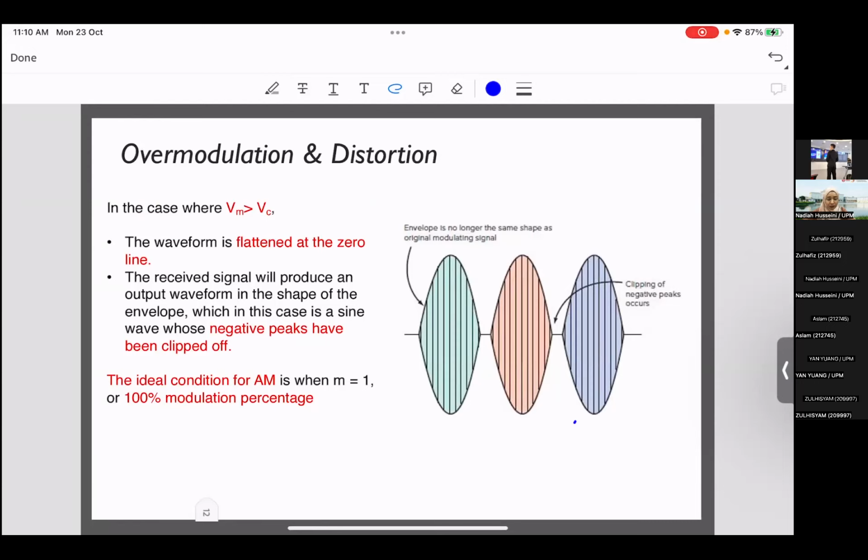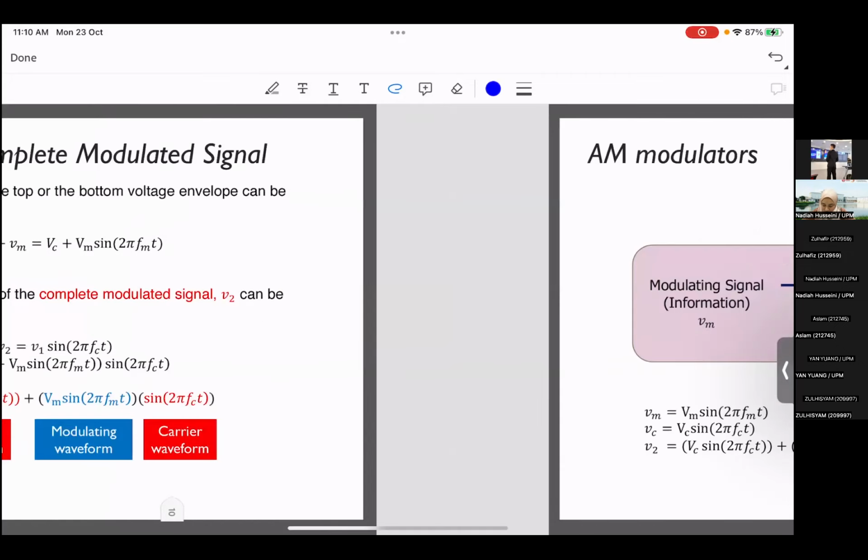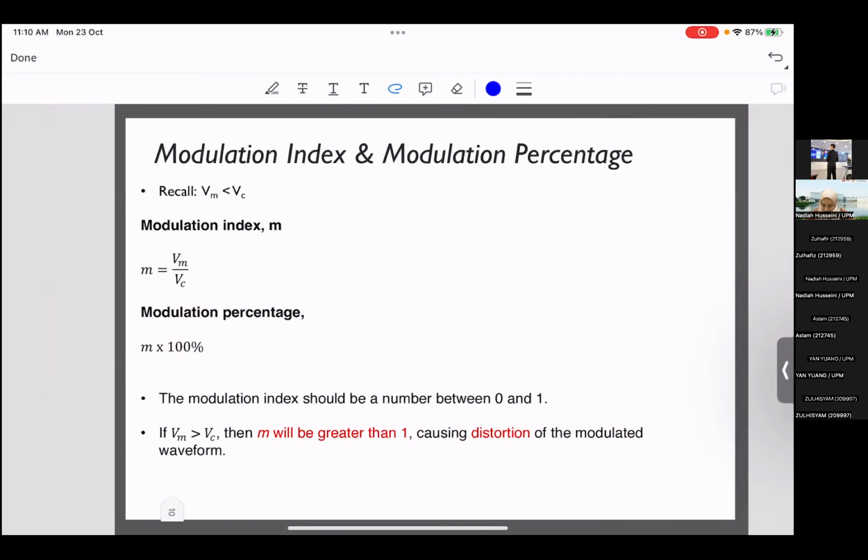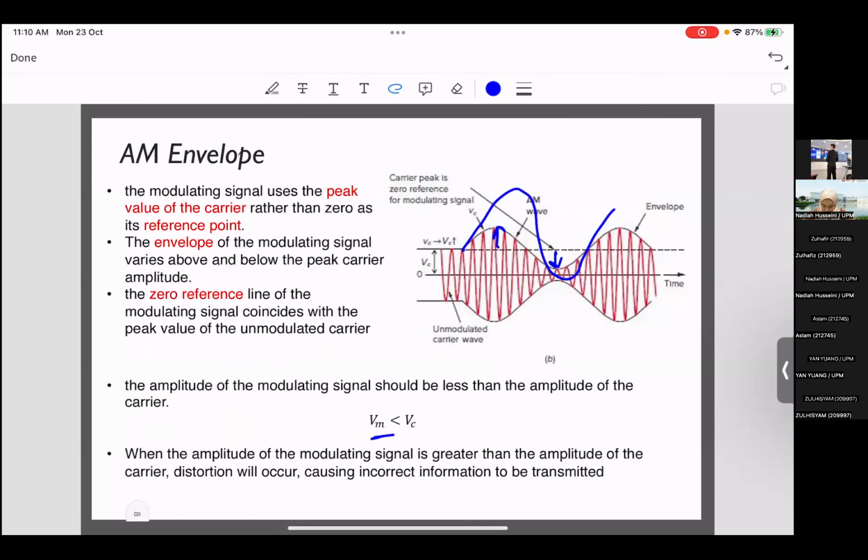Overmodulation, whereby the waveform is flattened at the 0 line. Okay, so back to this. When the amplitude of the modulating signal is greater than the amplitude of the carrier, distortion will occur. You will get a waveform, but it will be hard to demodulate and get the original information, which means that your information will be distorted.